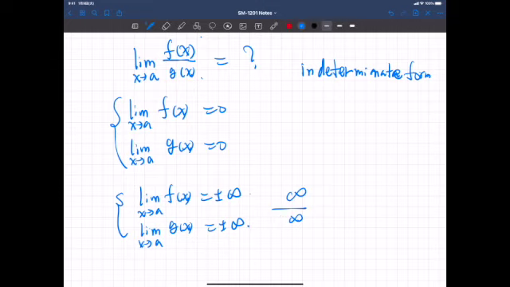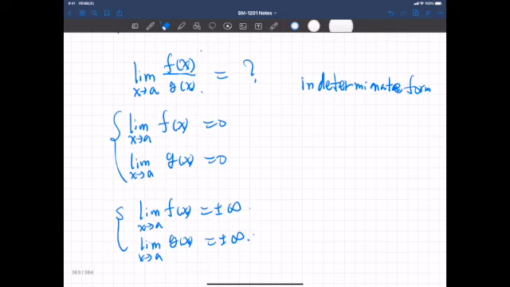Infinities are not ordinary numbers, so you cannot just reduce this to 1. This may or may not converge to some finite value. But we need some way to tell whether this converges or not, and if it converges, we want to find the limit. This case is also called an indeterminate form.